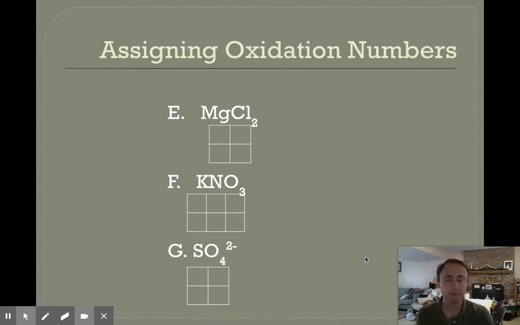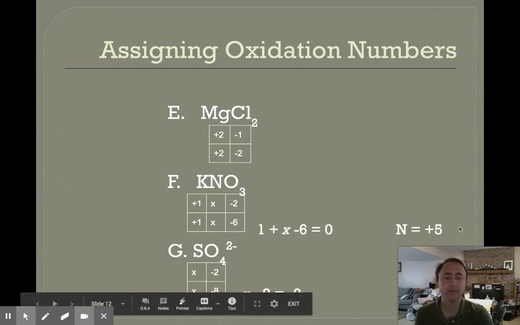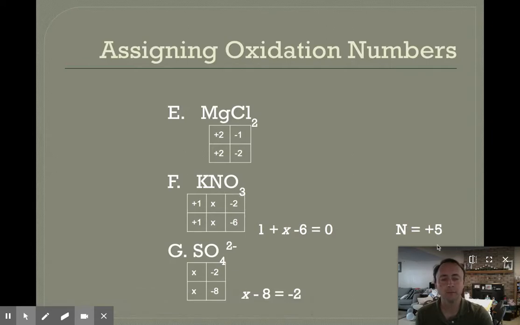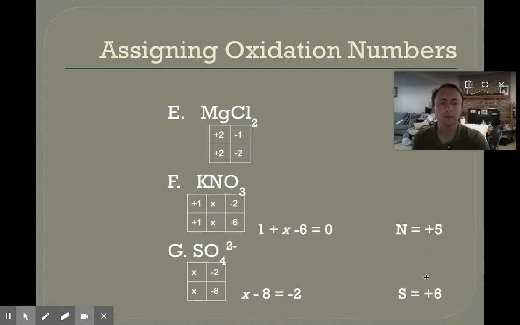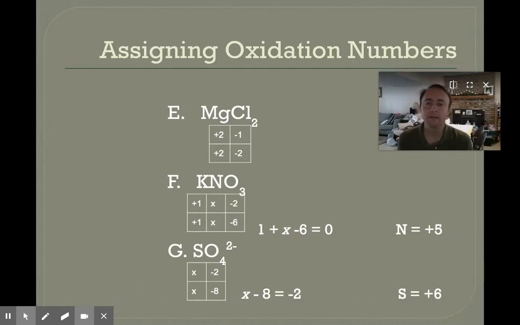X must be +6. And so we can see here the nitrogen would be a +5 and the sulfur would be a +6. If we had 2 nitrogens or 2 sulfurs, we would total that up to 2X in the total row on the bottom.